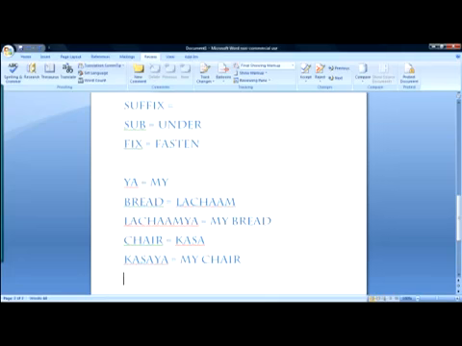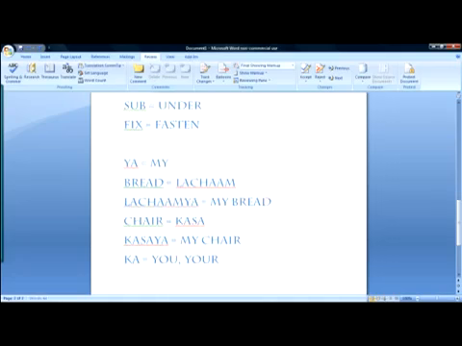The next one we're going to deal with is the suffix ka. Now the ka at the end of a word means you or your. I'm going to use the same examples. The word for your bread would be lacham ka.